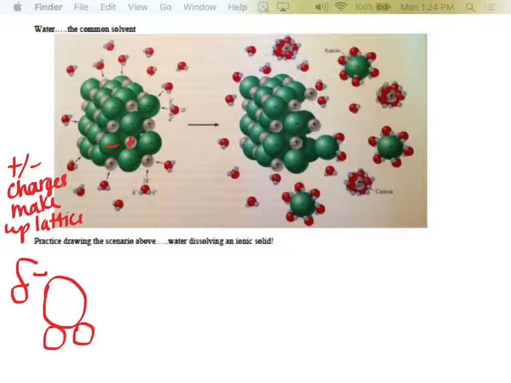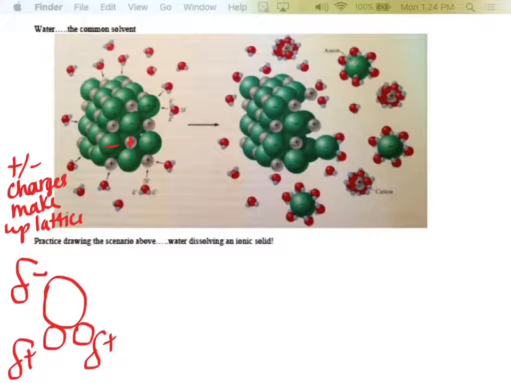It's like an 8 without the last part of the arm. And then you have your partial positives on each one of your hydrogens. If I have a hydrogen by itself, it's fully positive, but when it hooks up, it's sharing part of itself, so it's partial.